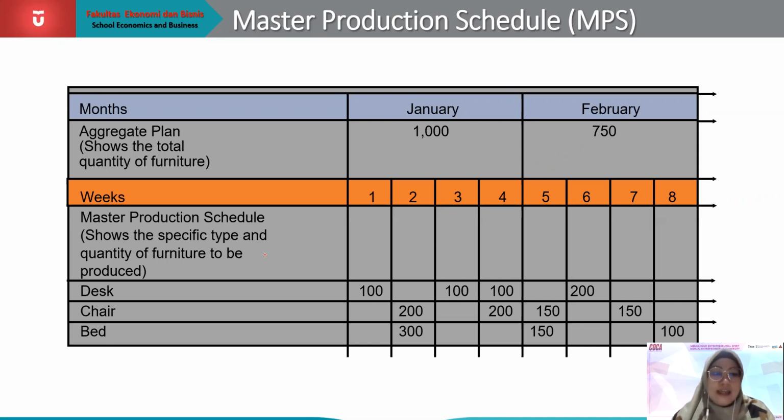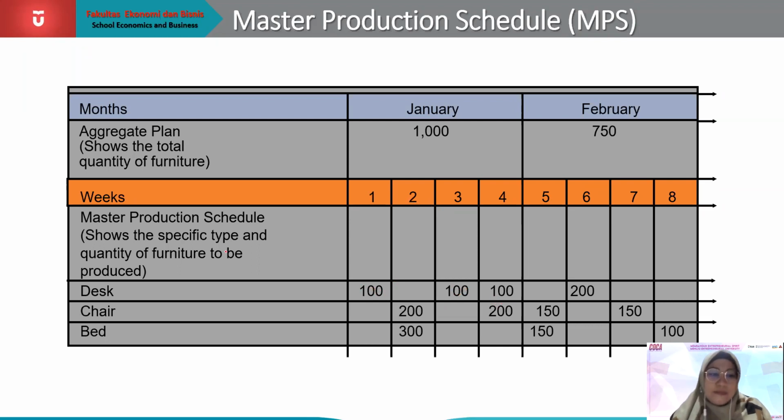But in MPS, it's more detailed, since here we arrange the monthly requirement into weekly requirement. So in MPS, the measurement is in a week. Each week there is information about how many products are needed.